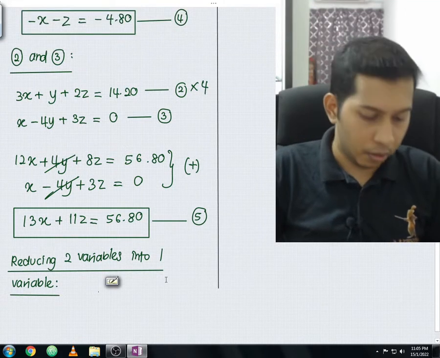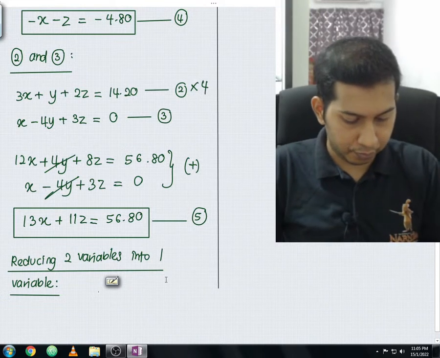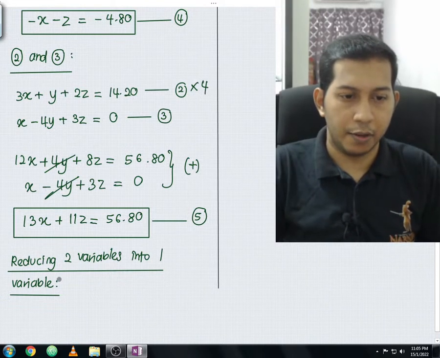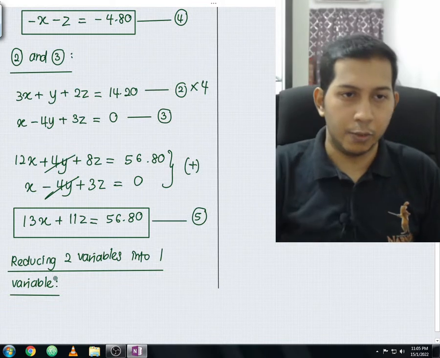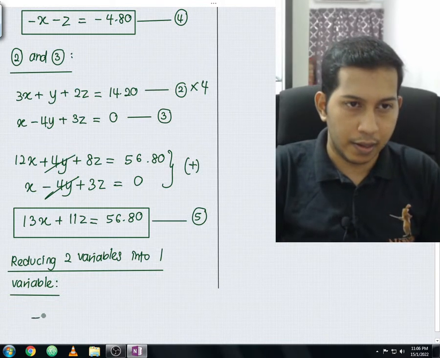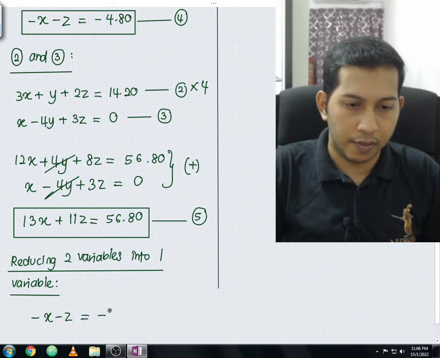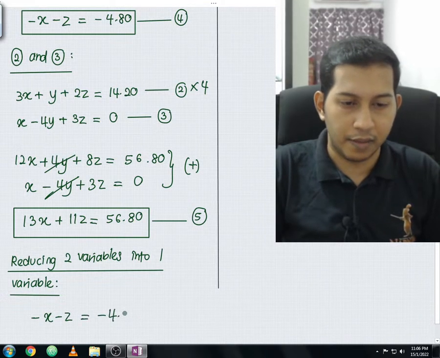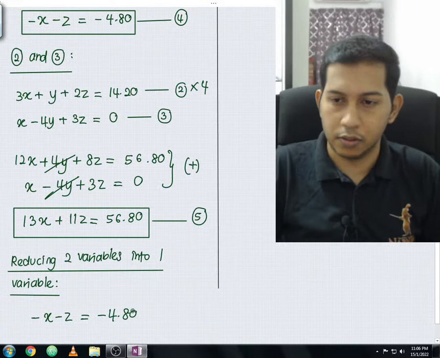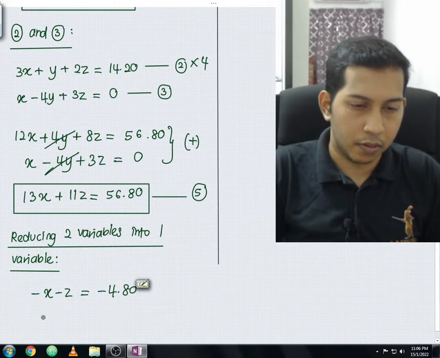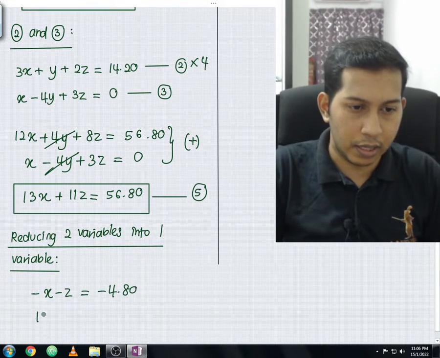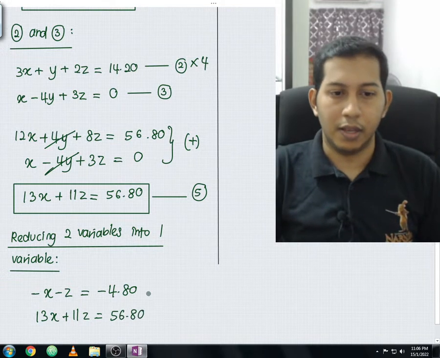Okay, so from here, equation 4 and equation 5. So let me rewrite in the working here. Negative x minus z equals negative 4 ringgit 80 cent, and for here is 13x plus 11z equals 56.80.